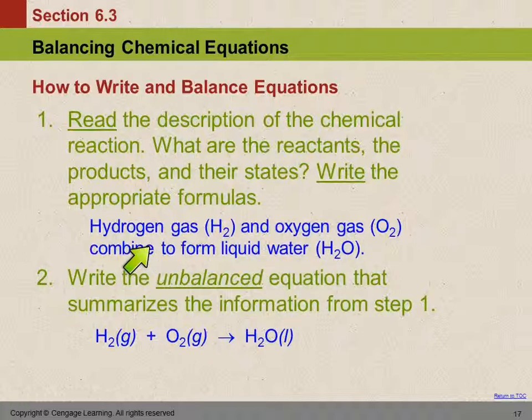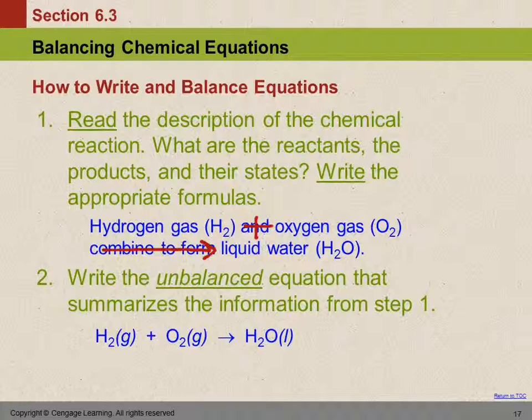So then, after we identify what the reactants and products are, we write an unbalanced equation. Here's H2. We were told that it was in the gas state, plus O2. In the sentence, hydrogen gas and, that's like plus, combine to form, that's the arrow.